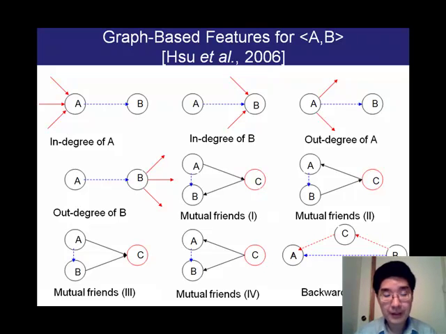There are 4 senses of mutual friendship where we can look at a friend C that A has named that also names B as a friend. That's the first type. One that B has named that also names A as a friend. That's the second type. The type 3 mutual friendship is the more traditional sense where A and B both name some mutual friend C as a friend, or the type 4 mutual friendship, which is there exists some C that names both A and B as a friend.